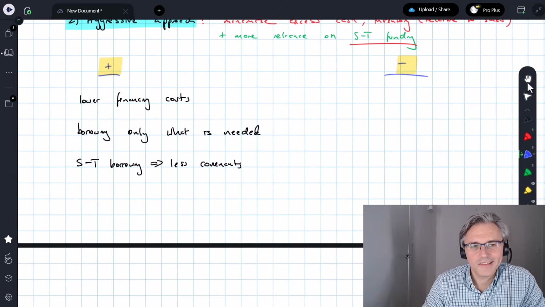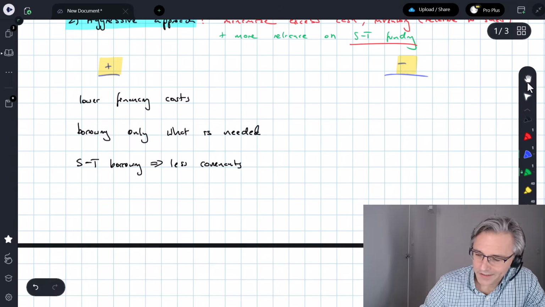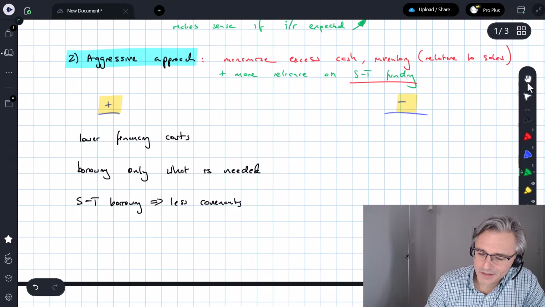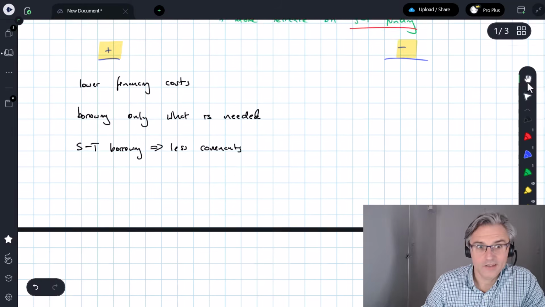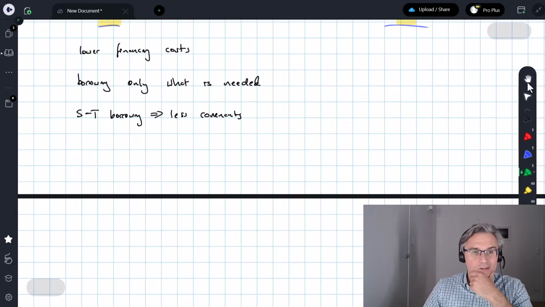Everything has both a positive side and a negative side. Whilst on the one hand we don't have much flexibility in terms of keeping excess cash, so if we get into a bit of a problem, that might prove to be quite disastrous.